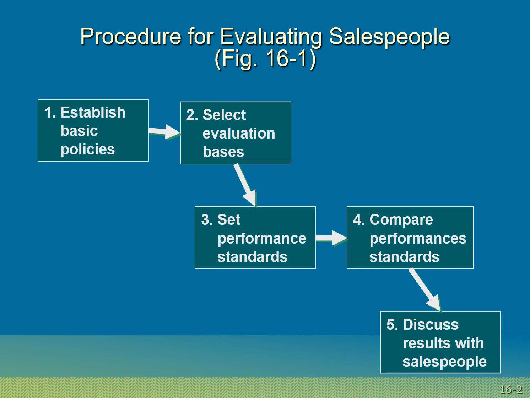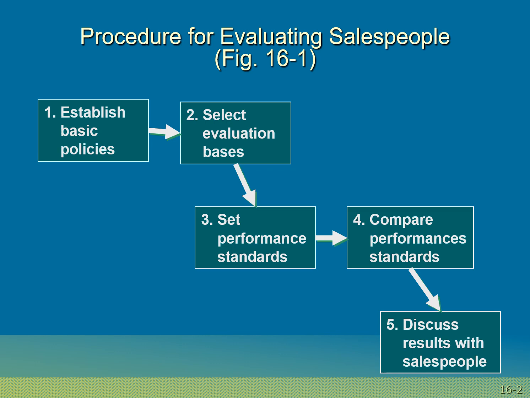First step is establish a basic policy. Establish your basic policies as to how to evaluate. And second, select your evaluation basis. What do you base your evaluation on? Three, set your performance standards.